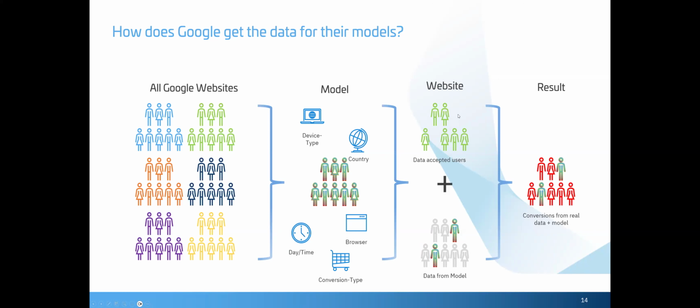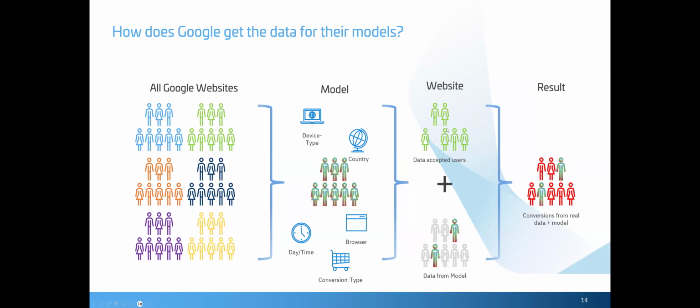And now they will also do a model on your website because you have accepted users. There might be a user missing here and a user missing there, but you also have accepted users. And from these accepted users, Google will see, okay, what's their behavior? What are they doing? How do they react? And Google will compare what's happening on your website with the models, and will see, wait a second, it seems like there's something missing, right? There's some users that we don't know, that we don't see, that might be the rejected users.